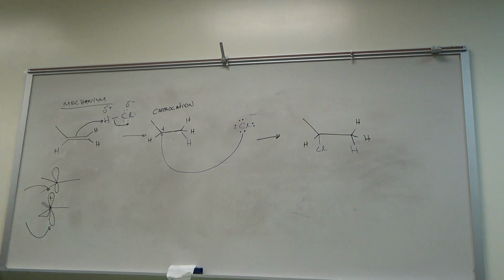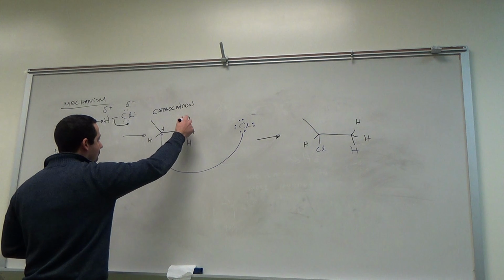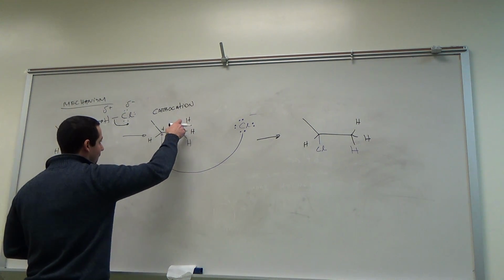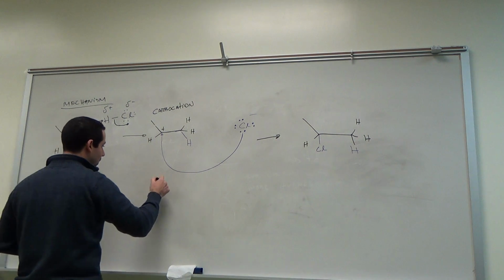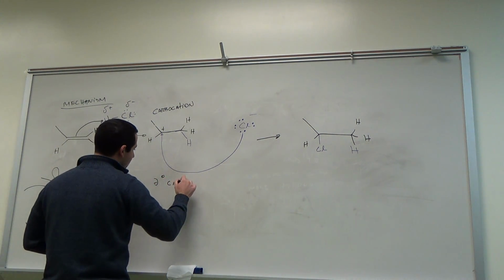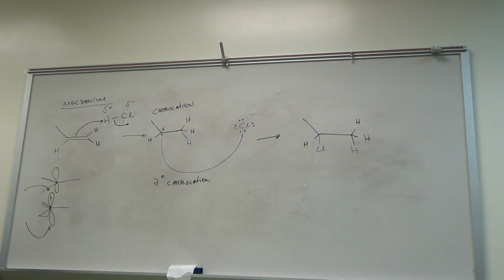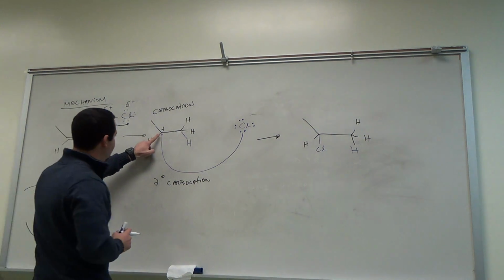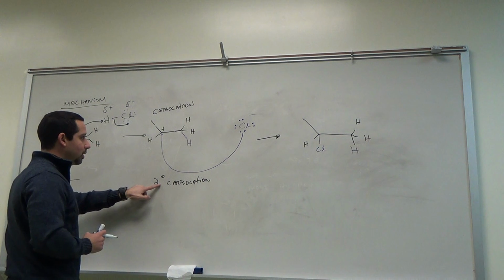Now the reason why this plus is the one that was formed, the reason why Markovnikov addition says that the hydrogen goes here, is because this carbocation is a secondary carbocation. Did we talk before about primary, secondary, and tertiary? Yes. This carbon here has how many carbons on it? 1 and 2. That's a secondary carbocation.